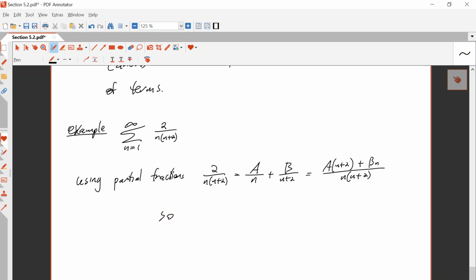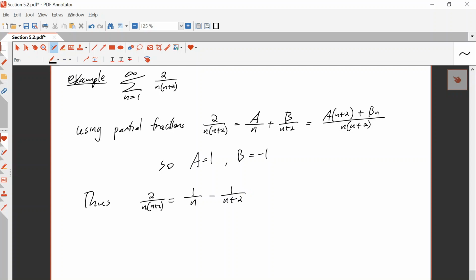So, what do you get? If you let n equal 0, then you get 2a is 2, so a is 1. And if you let n equal negative 2, you get negative 2b is 2, so b is negative 1. Thus, 2 over n times n plus 2 is equal to 1 over n minus 1 over n plus 2.